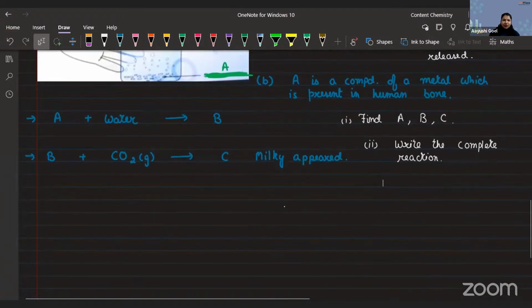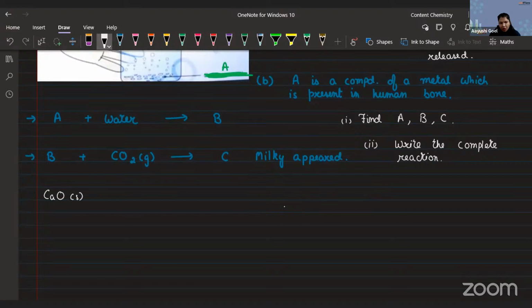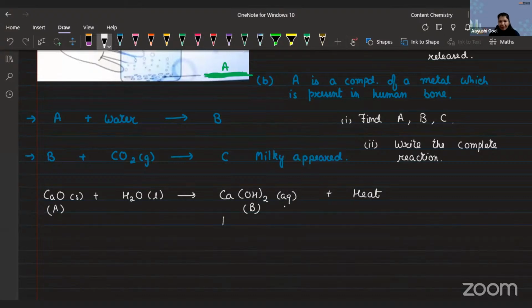So I got the answer. So A is your calcium oxide. So what will happen? Calcium oxide solid will react with water, that is your liquid, to give you calcium hydroxide aqueous solution along with the heat here. And this is your A, this is your B. And calcium hydroxide is your lime water. And we know lime water turns milky when it reacts with carbon dioxide gas.